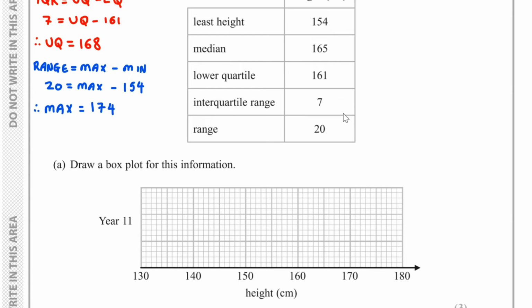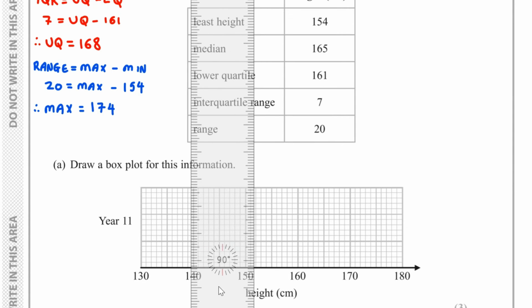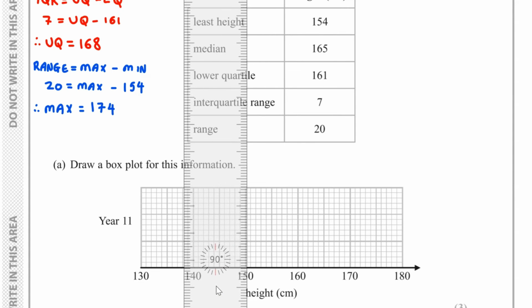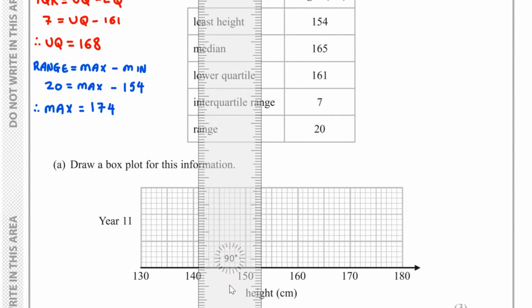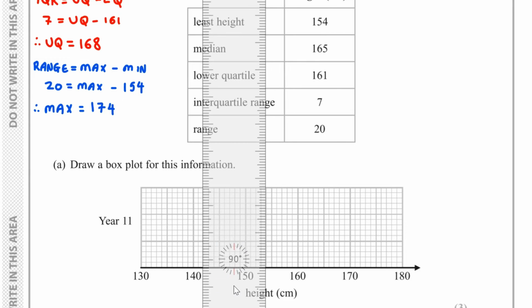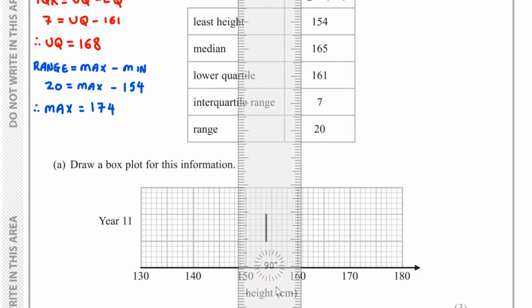First of all, let's plot the least height, which is 154. So we've got 150, and then 154 is over here. Then we've got the lower quartile, which is 161. 161 is over here.